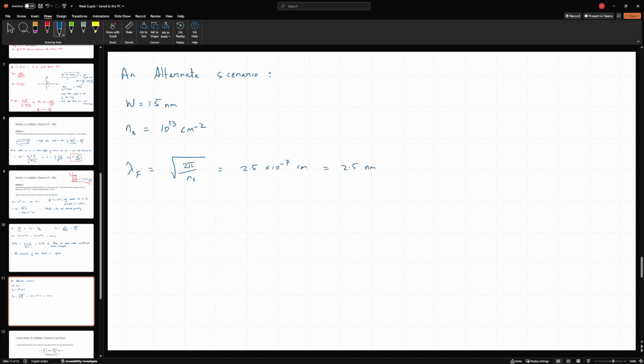So in this case, if I had a 15 nanometer channel, even now it's going to be too small. I should have taken something like 14.